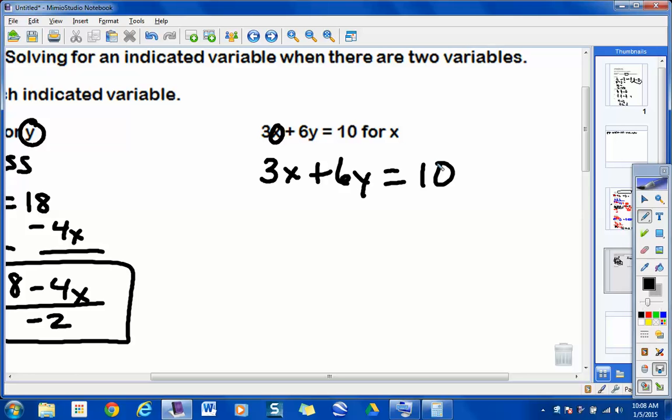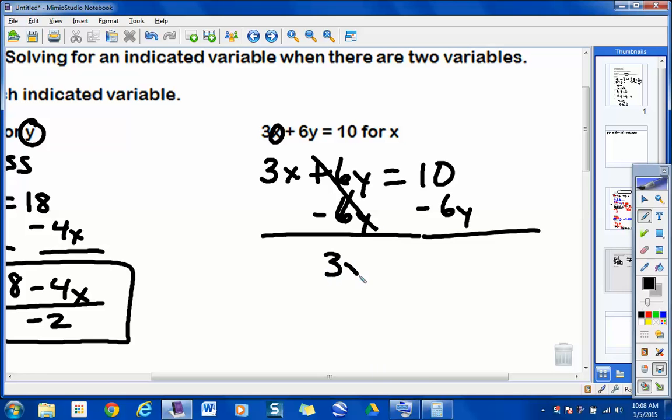How are you going to get rid of a plus 6y? You're going to subtract your 6y, right? What are the 6y's going to do to each other? Right? Divide everything by what now? Threes will do what here?